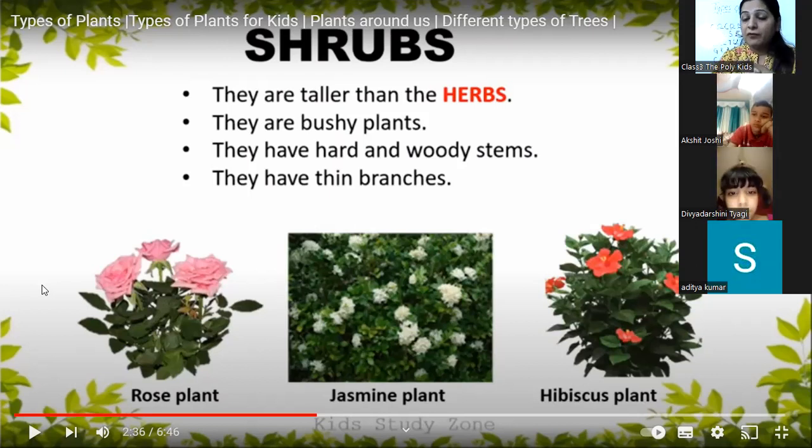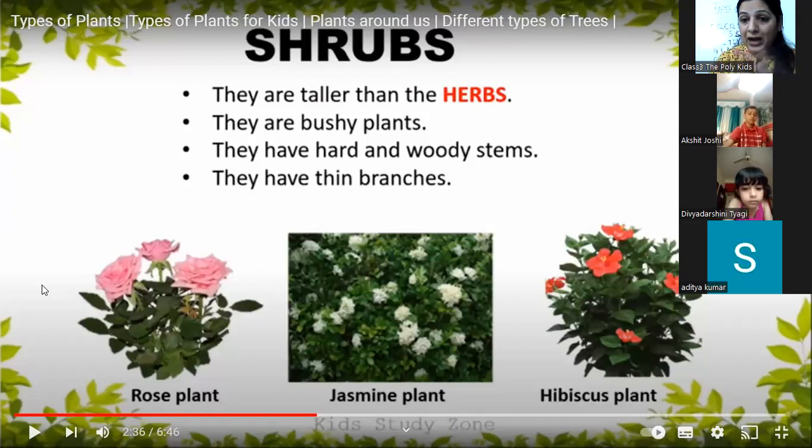And the major difference, their stem is hard and woody. The stem they have is quite hard. It is woody. Moti hoti hai. The branches of those plants are very thin. So in herbs, the stem was soft and it is a small plant. In shrubs, they are taller than herbs.